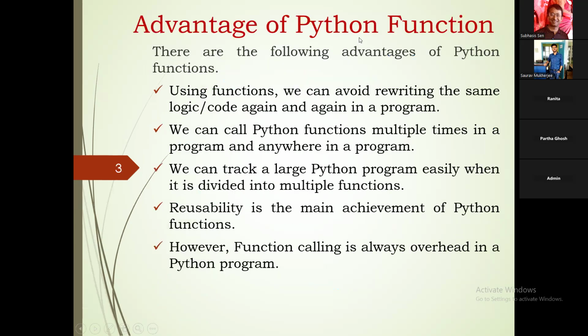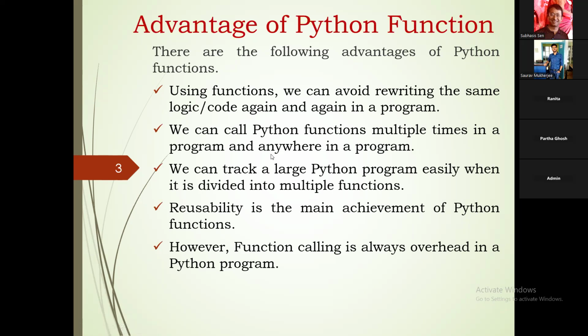So what is the advantage of a Python function? Using a function, we can avoid rewriting the same logic code again and again in a program. We can call a Python function multiple times and anywhere in a program. That is very important.